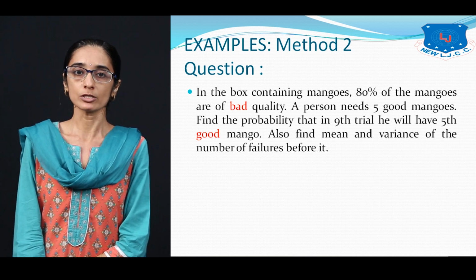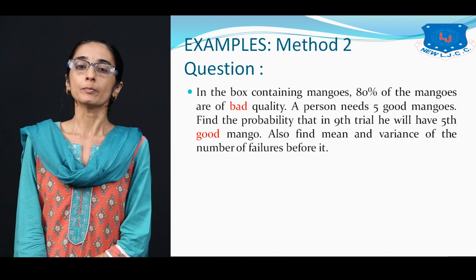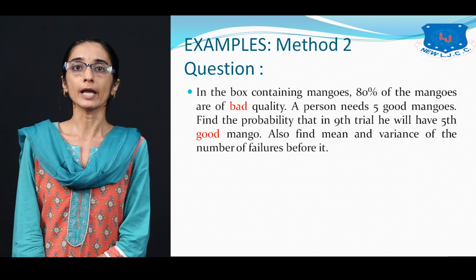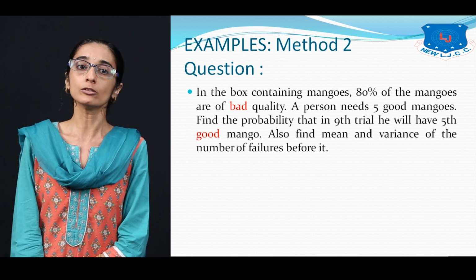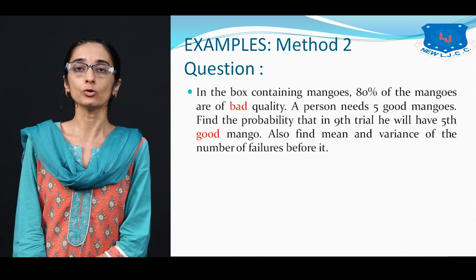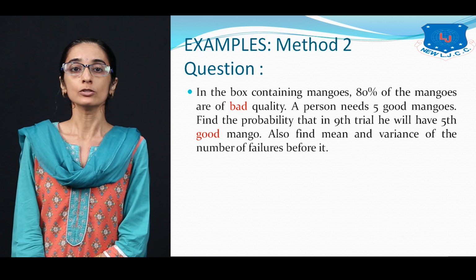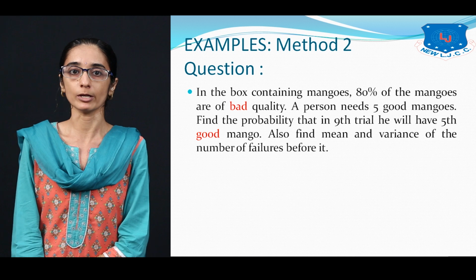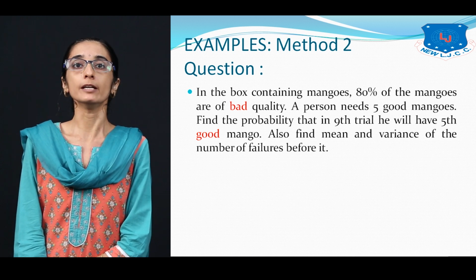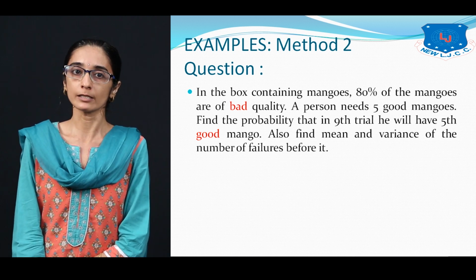Now if you check the question, the probability of a bad mango is given and we need good mangoes. That means there are two opposite situations. So in the earlier method, probability of success was given, but now here probability of failure is given.